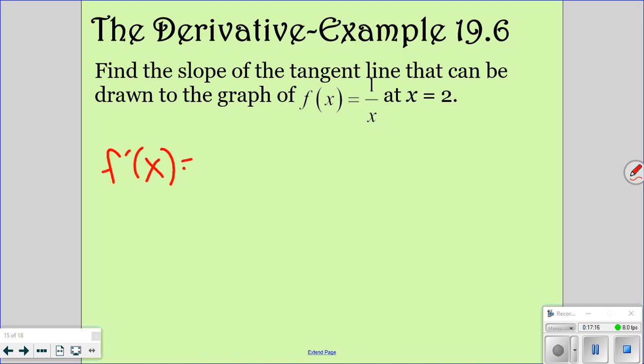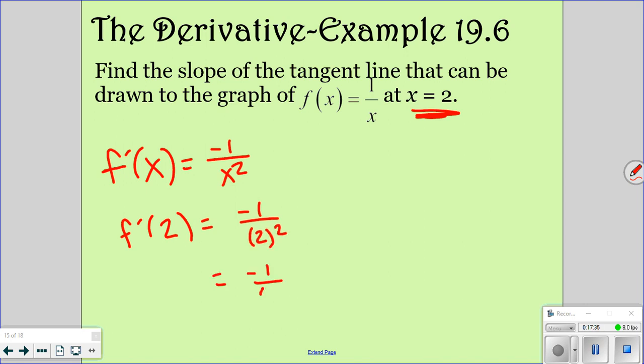The derivative of 1 over x we found was negative 1 over x squared. It wants to know when x is 2, so all we need to do is plug in a 2 into this equation. If you simplify that, you have negative 1 over 4. And so that would be the slope for that problem.